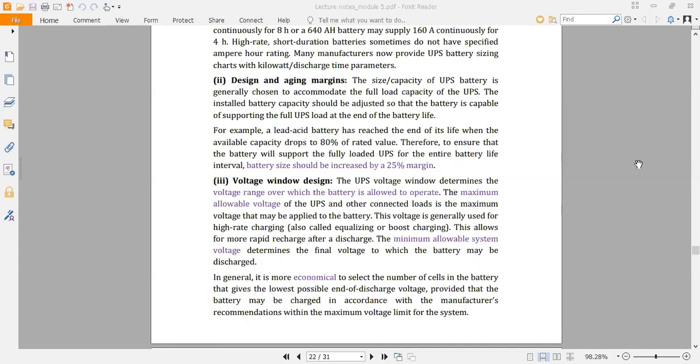Okay, so there is a range. That means there is some minimum voltage and the maximum voltage. Between this minimum and the maximum voltage, we are supplying power to the load. That is voltage window design.